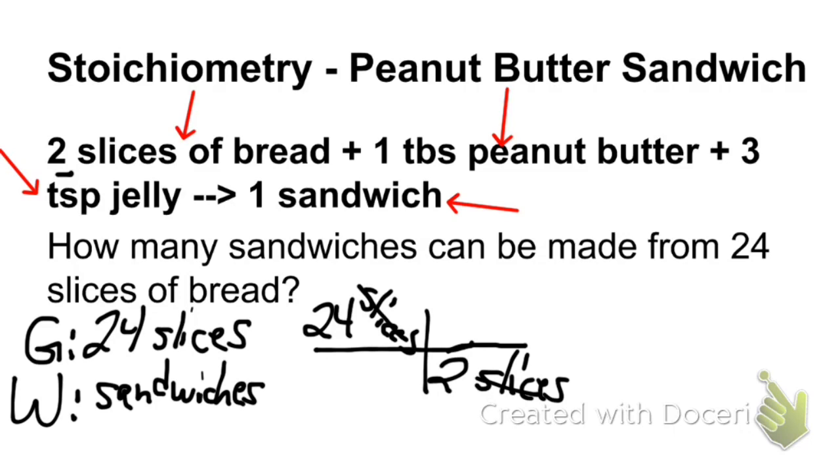And then we're trying to get to how many sandwiches we can make. What do we know about our sandwiches from our reaction? If we have 2 slices, we can make 1 sandwich. And that's what we want: sandwiches. So we're done, now let's figure out our math. 24 divided by 2, because one is above the other, is 12.